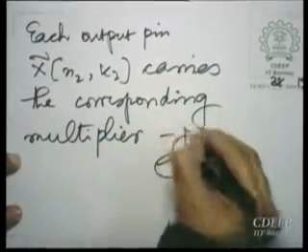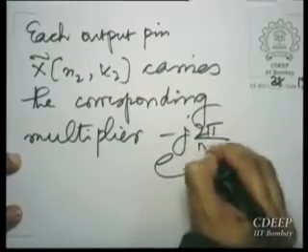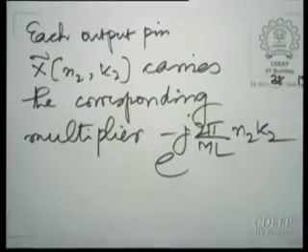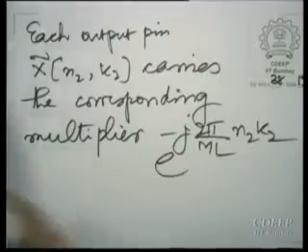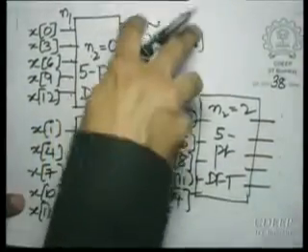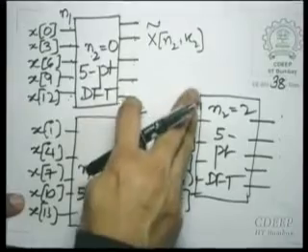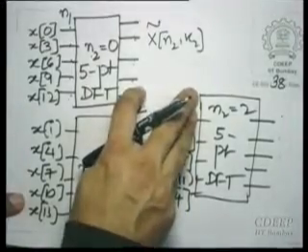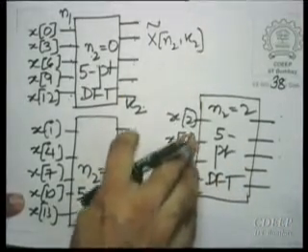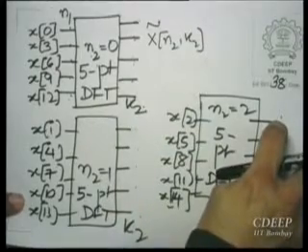E raised to the power minus j 2 pi by ml N2 K2. Now we need to appreciate this. We must take specific values and appreciate what's going on here. For example, here all these pins would carry the multiplier 1. And with K2 equal to 0, wherever K2 is 0, here and here again the multipliers would be 1.